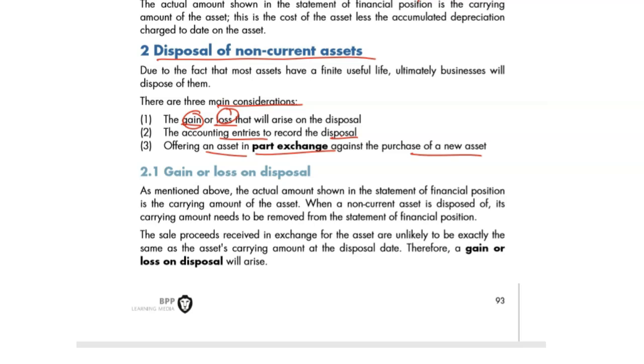But let me give you a picture here. Let's assume this is an asset, a computer. When you bought it, it was a debit. When we sold it, we don't have it. You need to assume it's vanished, or let's take the eraser, it's just vanished. You don't have the asset. An asset is a debit account, so when you bought it you write on the debit side. When you sold or disposed of it, you write on the credit side.